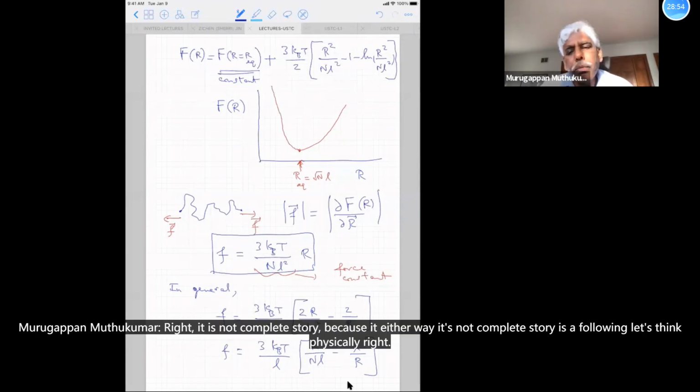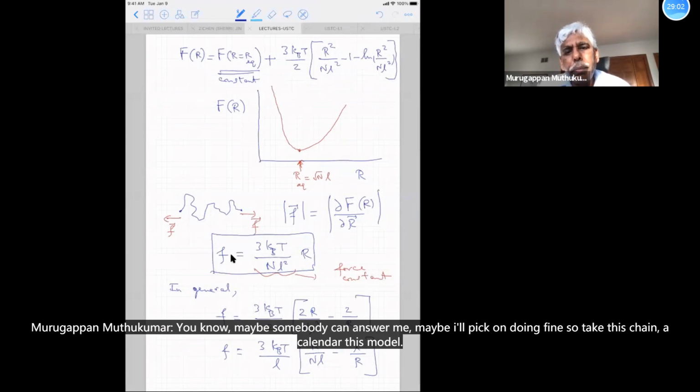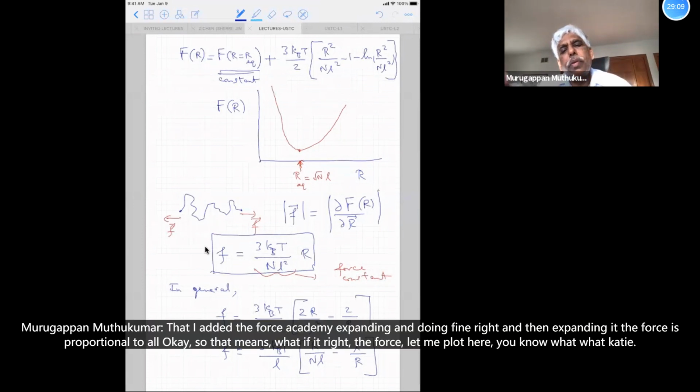But this is not the complete story, and the reason why is the following. Let's think physically. Maybe somebody can answer me. Maybe I'll pick on June 5. So I take this chain, according to this model. Suppose I'm expanding it.